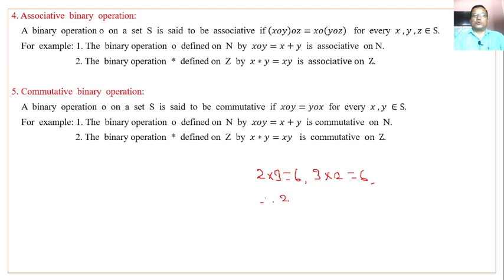Therefore, 2 into 3 equal to 3 into 2. In general, XY equal to YX. Therefore, product is commutative. Addition is commutative, but it fails in subtraction and division.